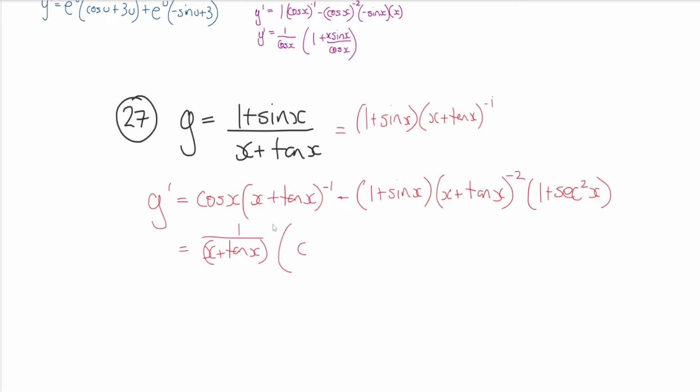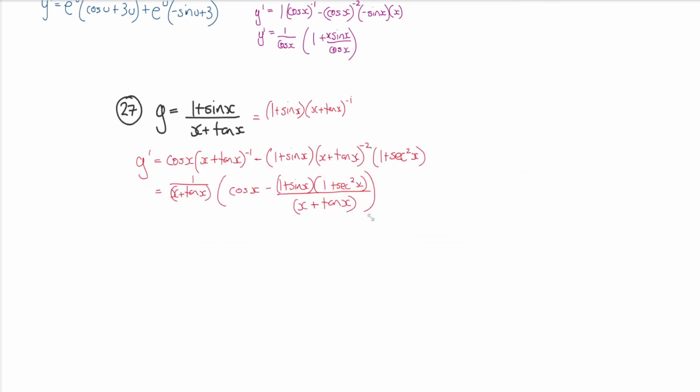All right, so we end up with cos of x minus 1 plus sine of x times 1 plus secant squared of x all over that ugly thing there. Just one of them because we factored one of them out. Boom. All right, we're cruising. Ugly, but we're cruising.